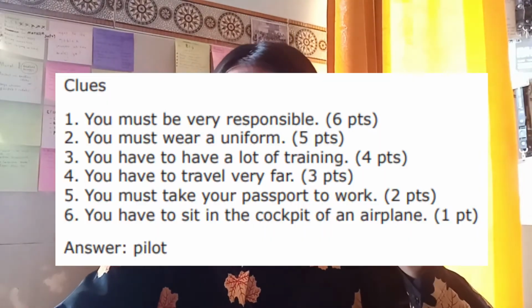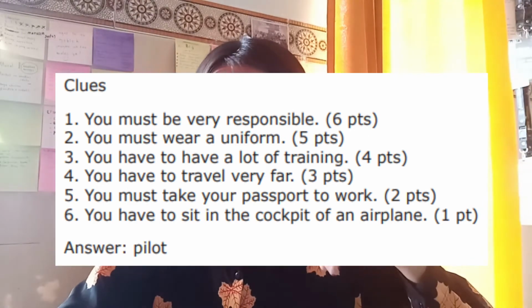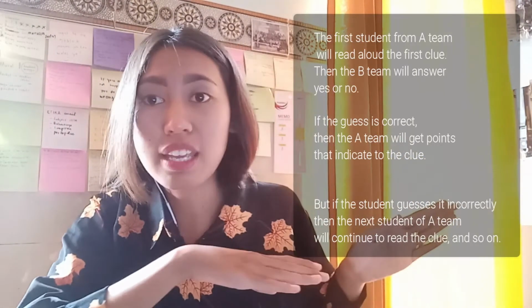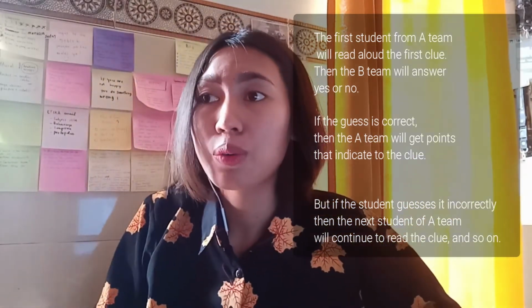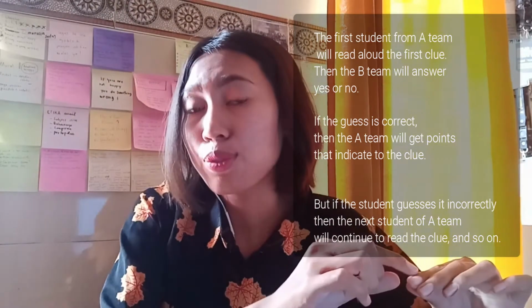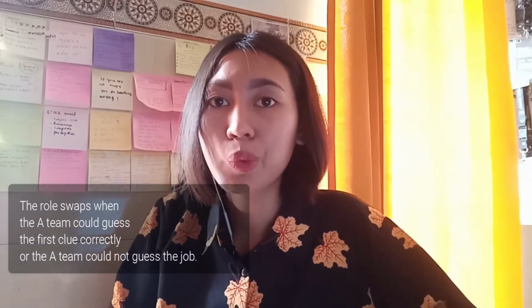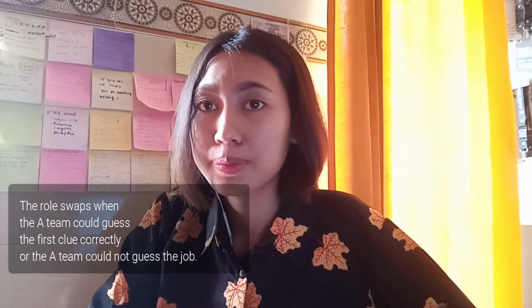For your information, each clue has different points. But if the student from the A team guesses incorrectly, the next student from the A team will read aloud the clue. So the roles will swap when the clues from the first set are done.